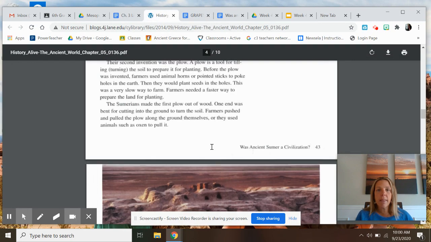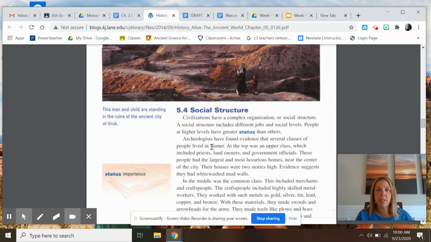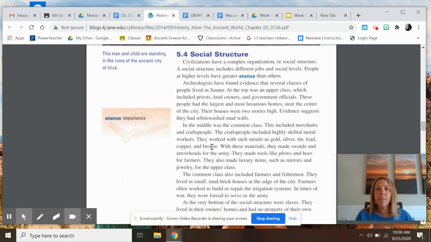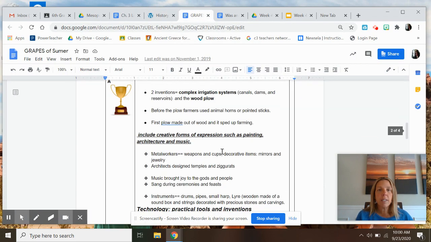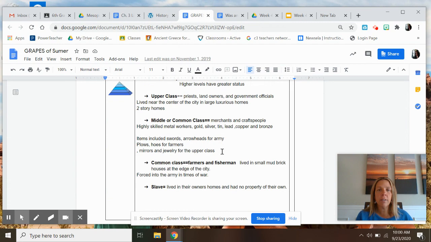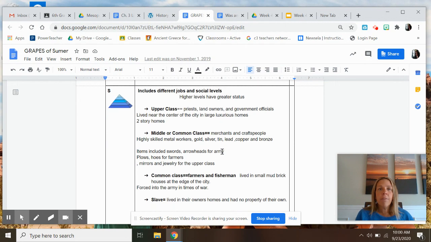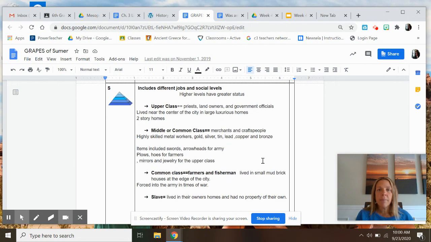Taking a look at the next section, which is social structure, you definitely want to have in there this word: status, or importance. Let me go down to my social structure section. So for Mesopotamia, I set it up showing that it includes different jobs and social levels.